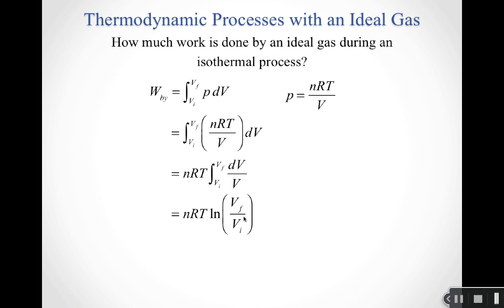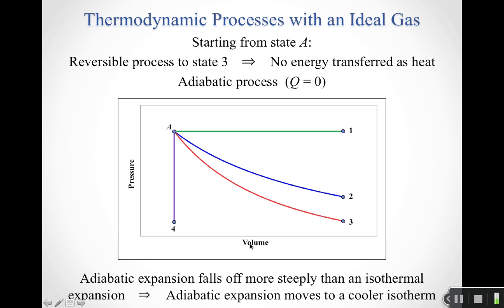If, on the other hand, your gas compresses so that the final volume is less than the initial volume, then the ratio inside the natural log term will be less than 1, and the natural log of a number less than 1 is negative. So we get the signs that we know we should get, right? We get a positive work done by the gas during an expansion, a negative work done by the gas for a compression from our expression.